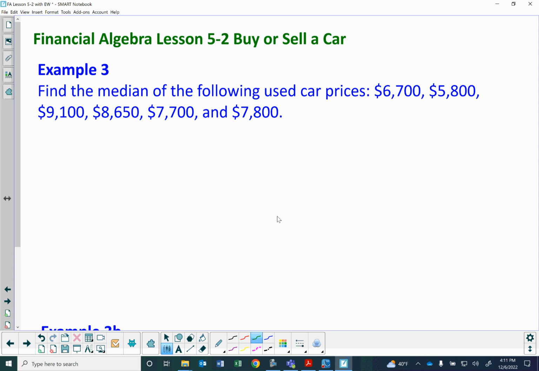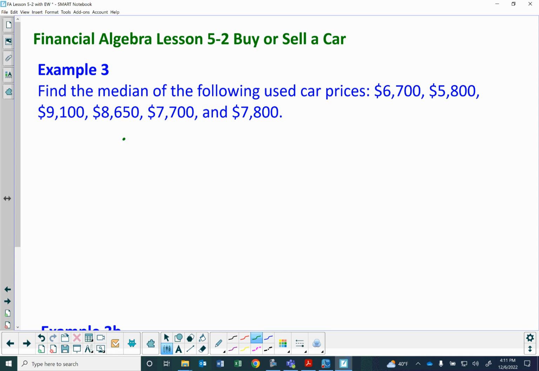So in example 3 here, it says find the median of the following used prices: 6,700, 5,800, 9,100, 8,650, 7,700, and 7,800. We have 6 data pieces. So we're not going to be able to take the middle number, but we do need to put them in order.